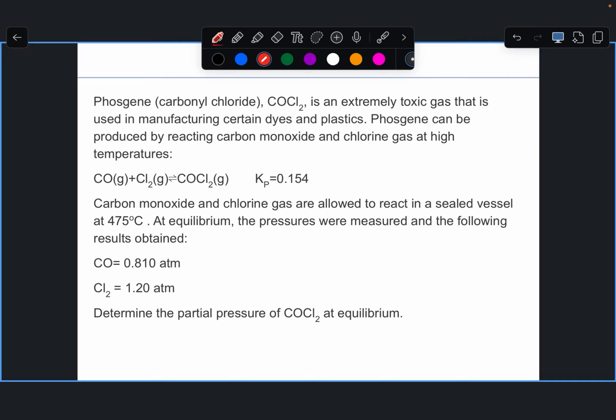So I'll start working it up here, and I'm going to start by writing the K expression and then plugging in what I do know to solve for what I don't know. Oh, and I just realized, not concentration, pressures here, because this is a KP.